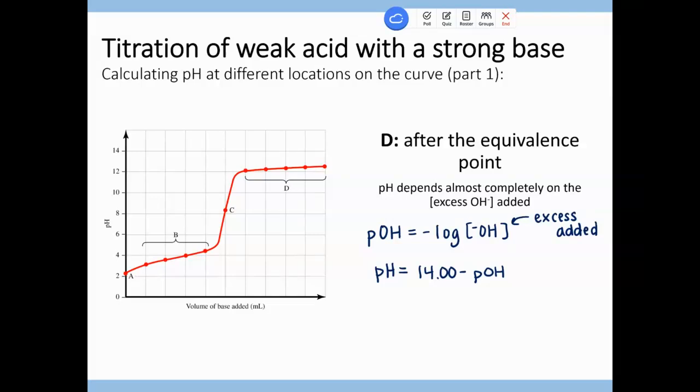First is at the beginning, so no base is added. What is the pH of a 0.5 molar formic acid solution? Then at the equivalence point, so assuming enough base is added to neutralize all of the acid. And then third is past the equivalence point, an extra 2 milliliters of sodium hydroxide is added. So then what's the pH at that point?